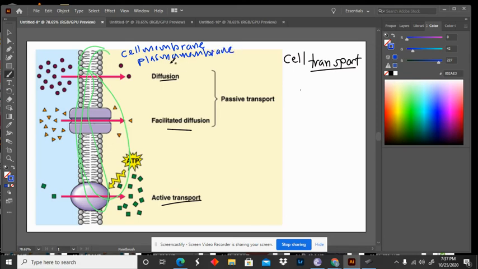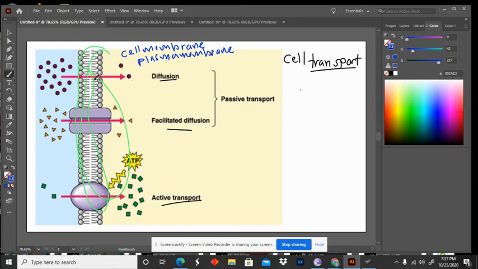The plasma membrane, the cell membrane, is the structure that is responsible, and its function is to transport materials in and out of the cell. It's a very important structure. All cells have them, and it's what regulates what goes in and what goes out. So you need to understand that before we go over that.